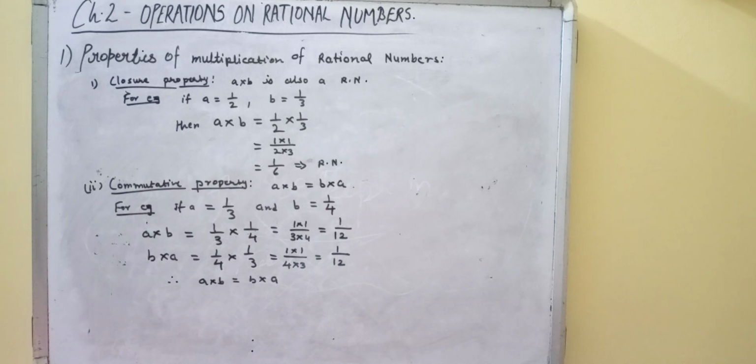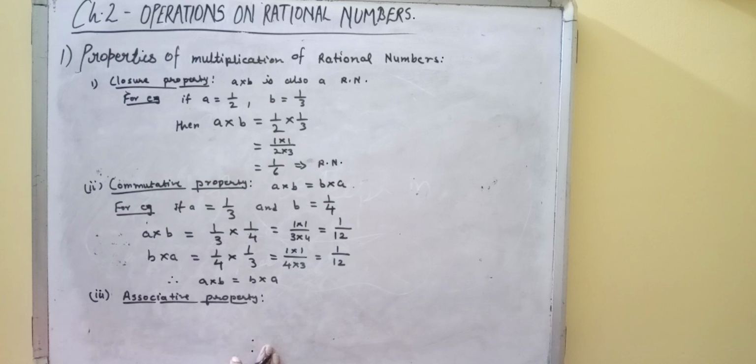Next property is associative property. That is third property. Associative property is: the product of three or more rational numbers does not depend on the way the rational numbers are grouped.